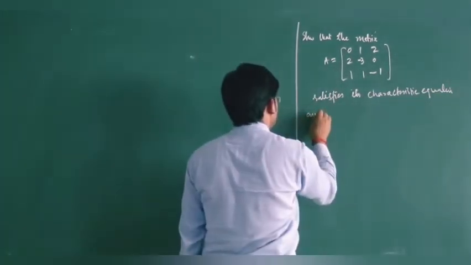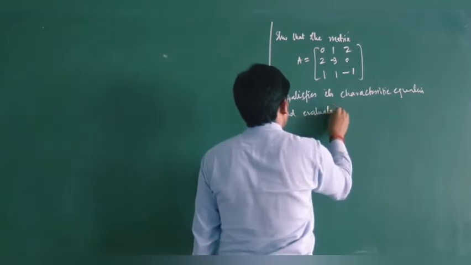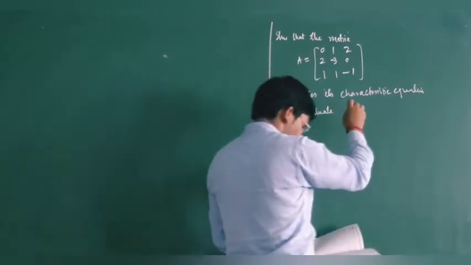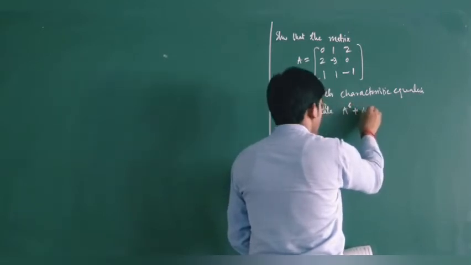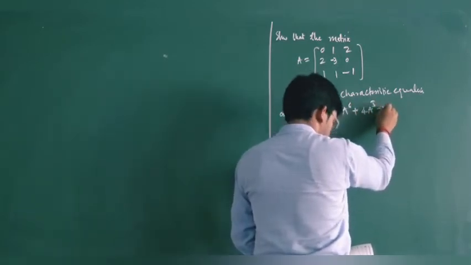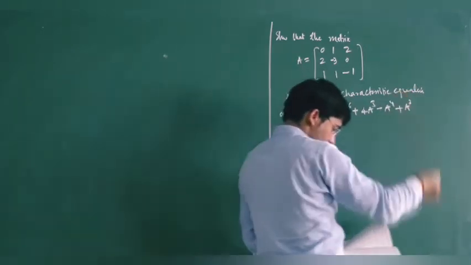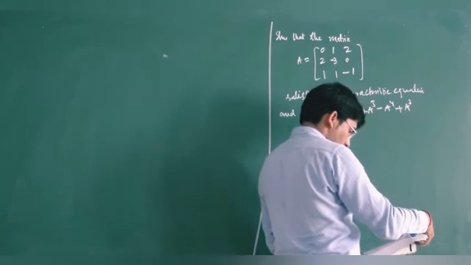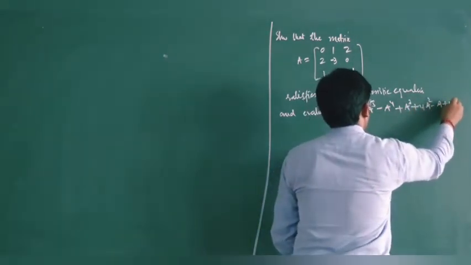and hence you have to evaluate the value of A power 6 plus A power 5 minus A power 4 plus A cube minus 8 plus A cube plus 4A square minus A plus 12.